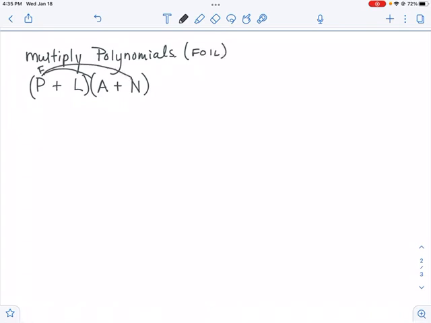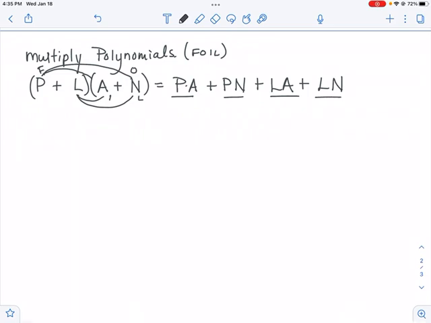So if I multiply P times A, and sometimes we just put the letters next to each other, plus then we multiply, here's the outer, so first outer, that would be then P times N, plus here's the inner in the FOIL, that's L times A, plus, and then the last is L times N. Okay, so you get these four terms.